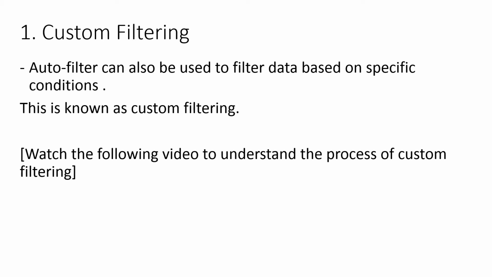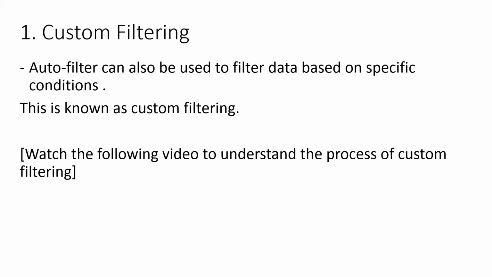Autofilter helps us to hide the part of the information entered in the worksheet that we do not want to see. Filtering means it hides that part of the information, and it only shows the desired information.